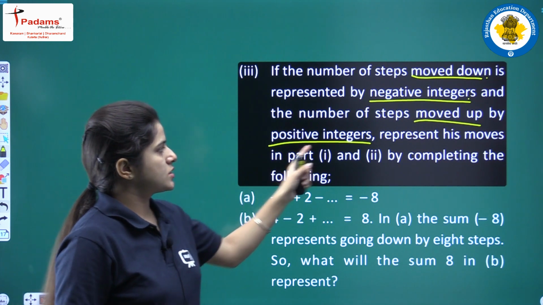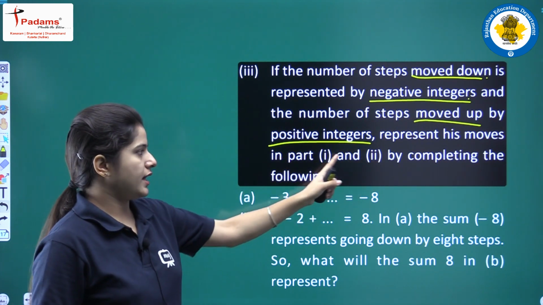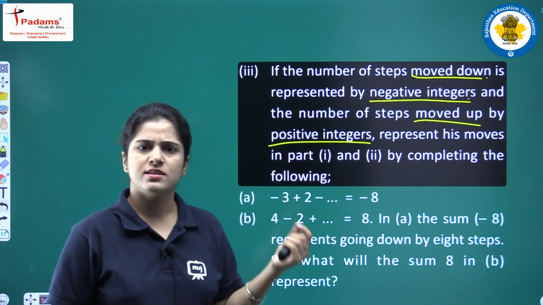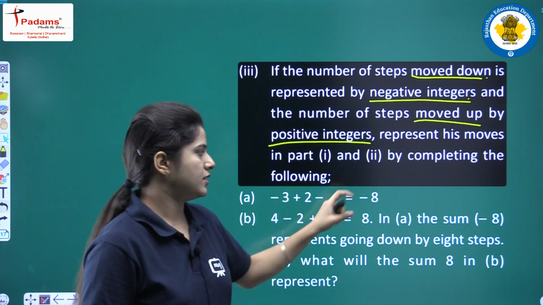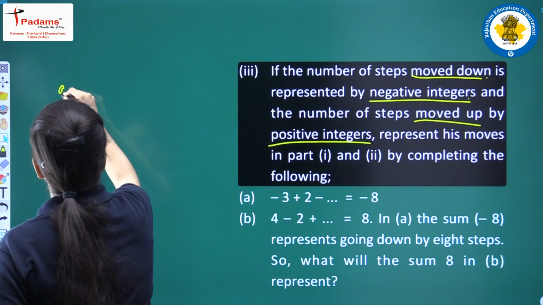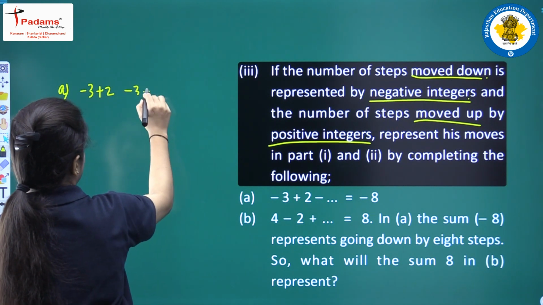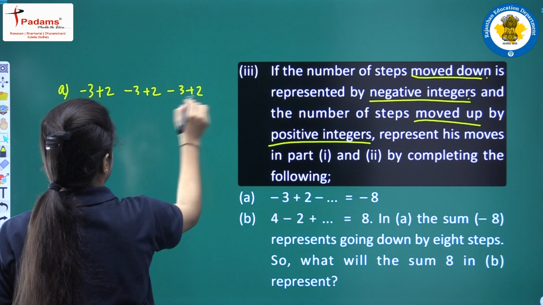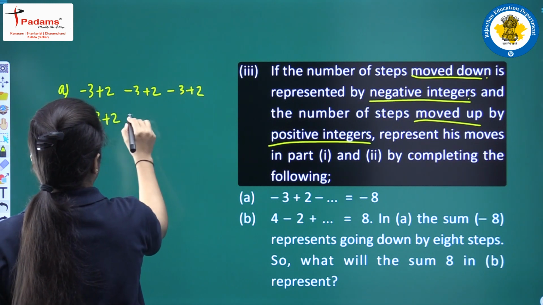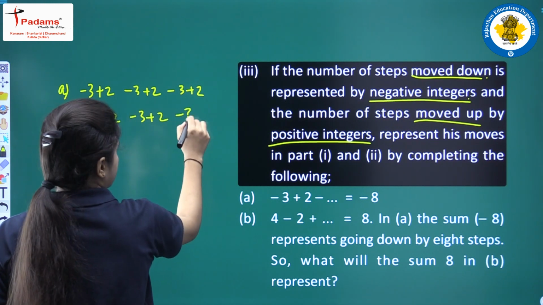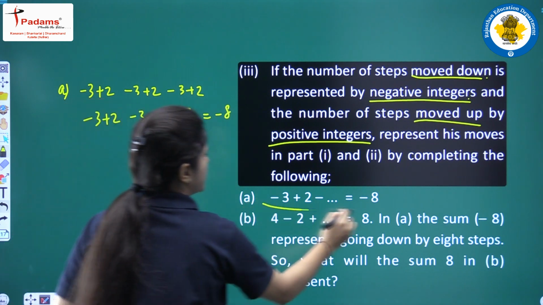Okay, so represent his move in part 1 and 2 by completing the following. Similar cases, but we have to do the completion here. So in the first part it is like that. We have to do the completion till here.